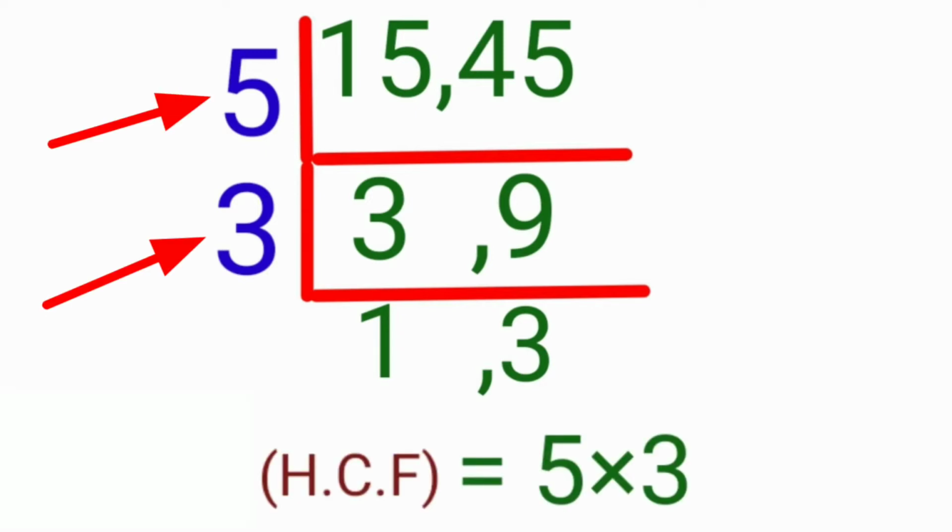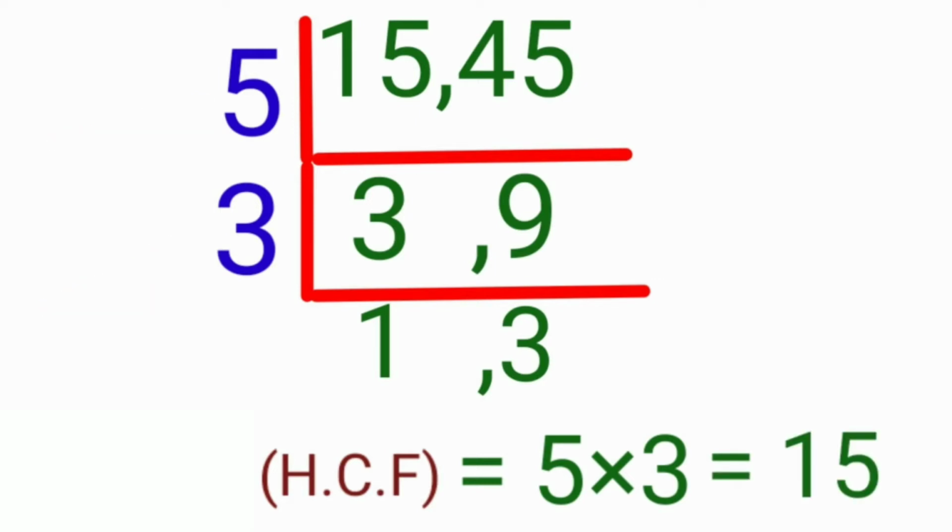Now HCF is 5 multiplied by 3. 5 3s are 15. So HCF is 15.